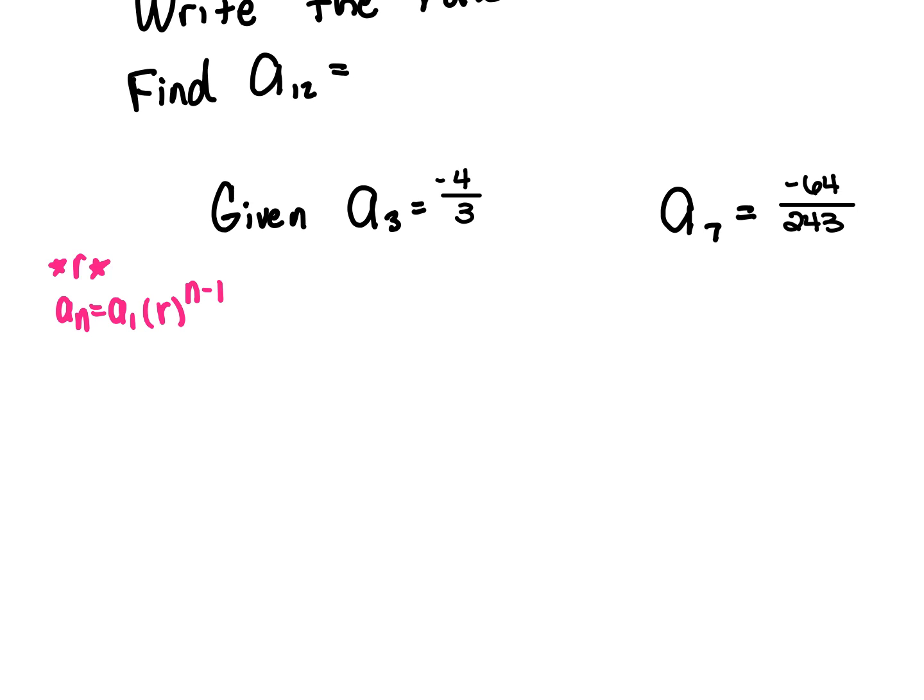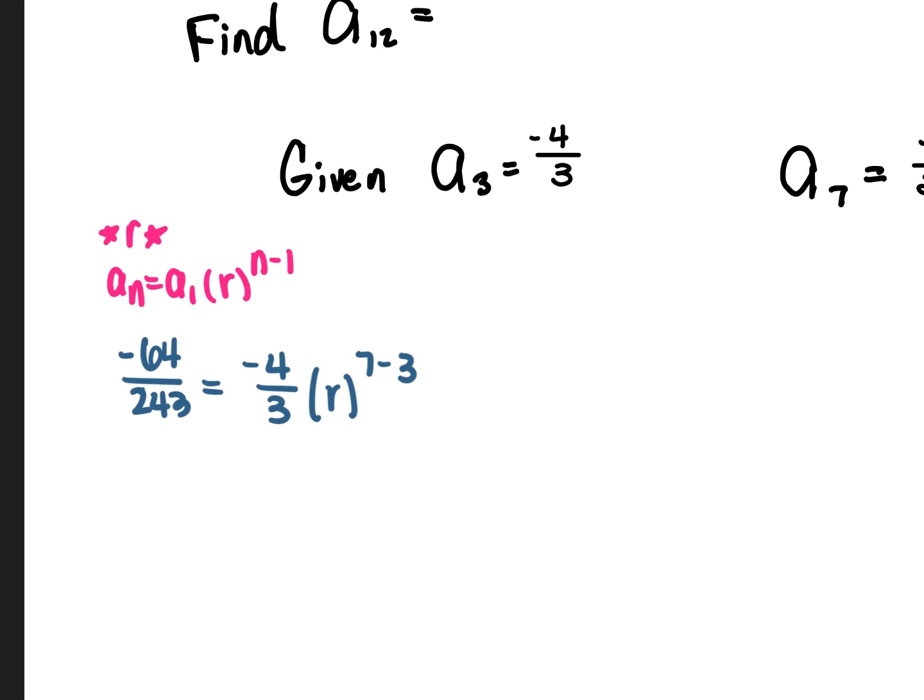Your n minus 1 is just going to become the 7 minus 3. So this is going to turn into negative 64 over 243 is equal to a sub 1, which is negative 4/3, times r to the power of n minus 1. We're going to use 7 minus 3 because those are the two terms that we're working with.